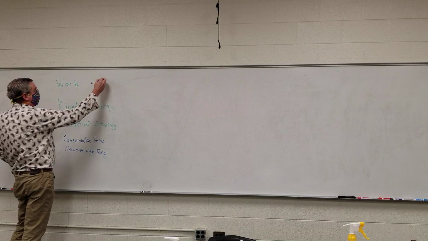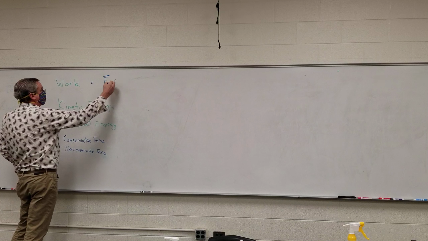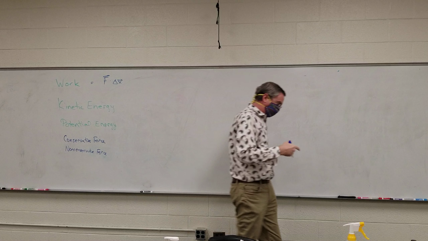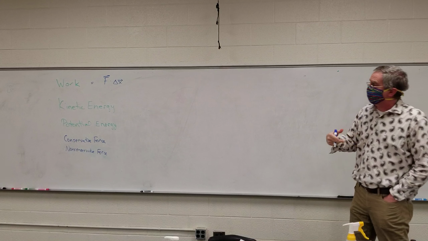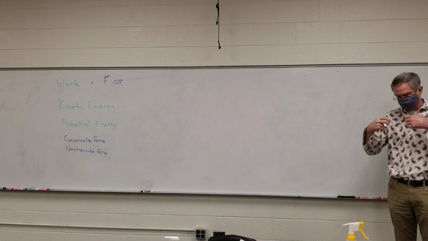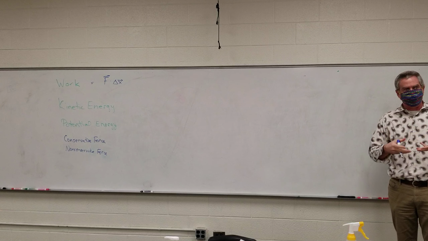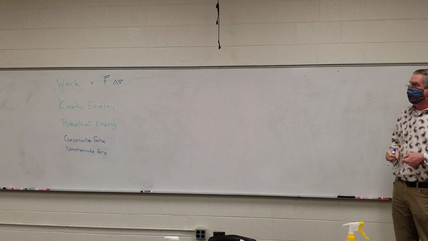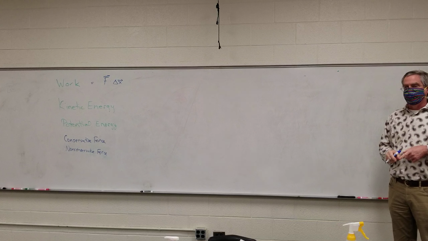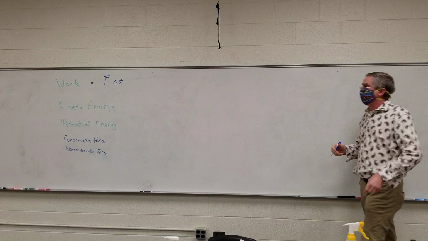So work is force times displacement, and part of what we talked about is that it is the first time we're really covering multiplication of vectors. If the force and displacement are parallel, then you just multiply the numbers like normal.